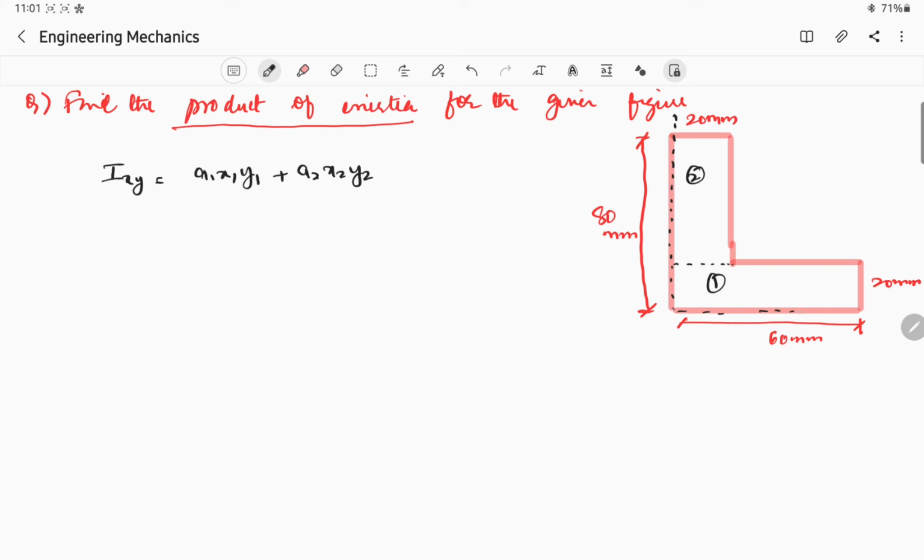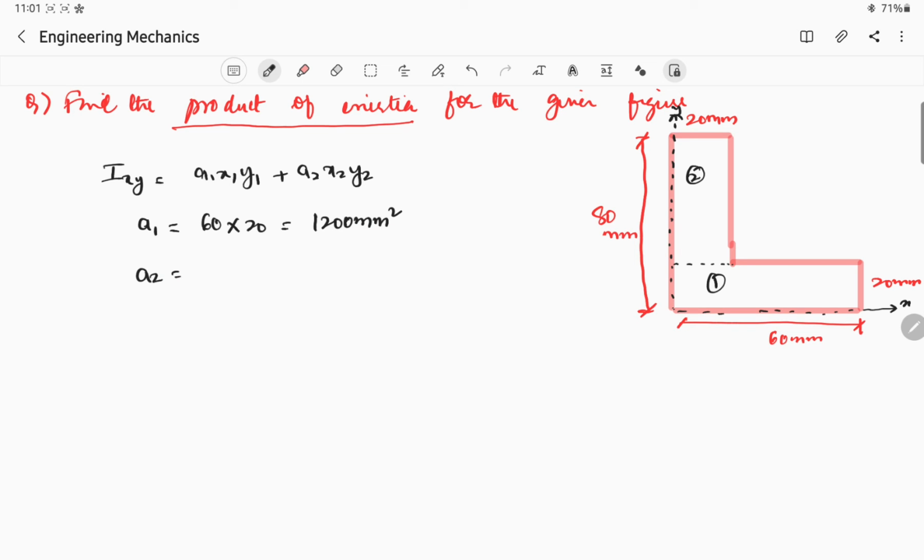This is my x-axis and this is my y-axis. So first we'll calculate our areas. A1 is equal to 60 into 20, is equal to 1200 mm square.